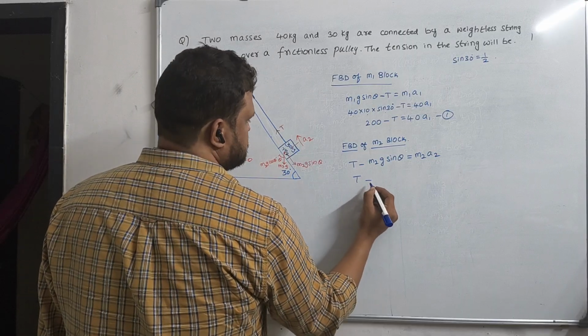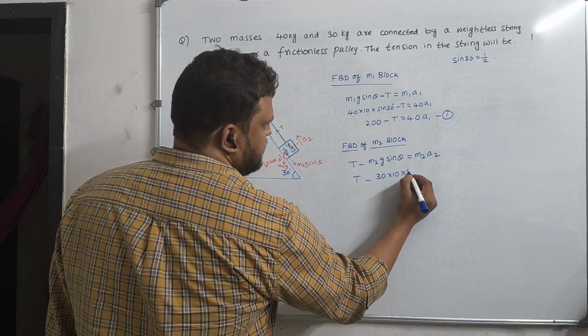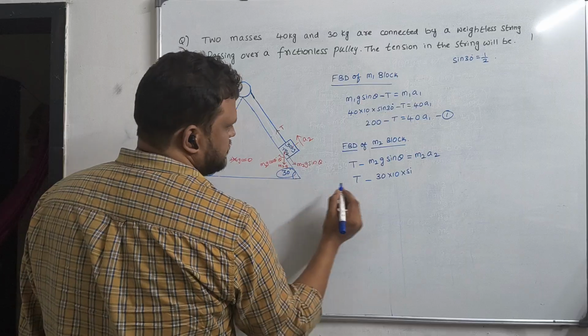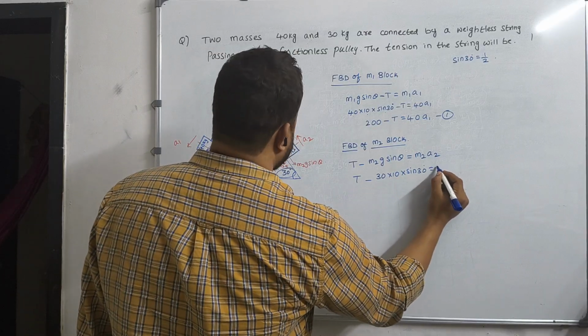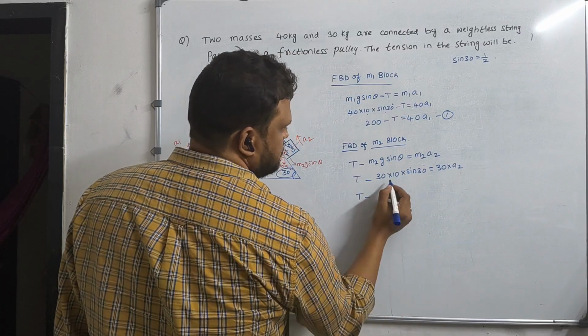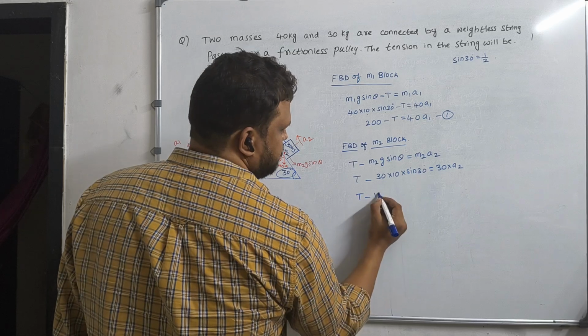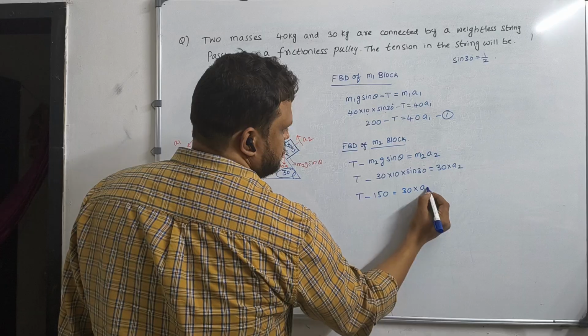So T minus M2, which is given as 30, and G is 10, and sin theta, the angle is again 30 degrees. So sin 30 degrees equals, M2 is 30, times A. So T minus 300 times half, which is 150, equals 30 into A.